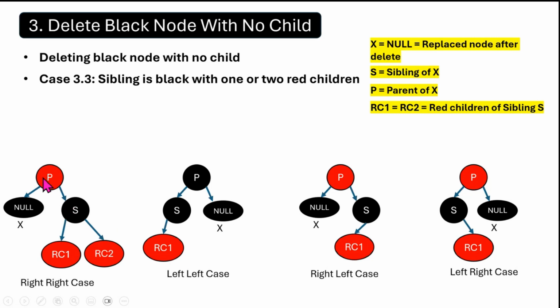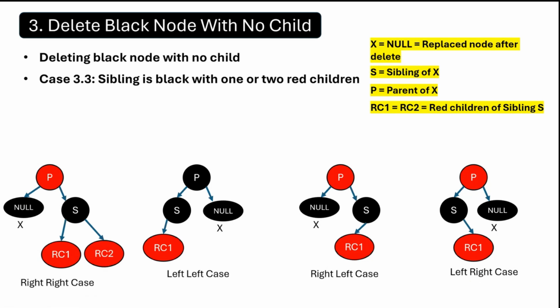Because if we consider the farthest red child, then it can be either right-right case or left-left case. And it is easy to fix the right-right and left-left case because it requires only one rotation. These cases we have understood in our previous videos. So you will remember that right-right or left-left requires just one rotation, either the left rotation or right rotation, and it is easy to fix compared to right-left or left-right case. Right? That's why we consider the farthest red child.